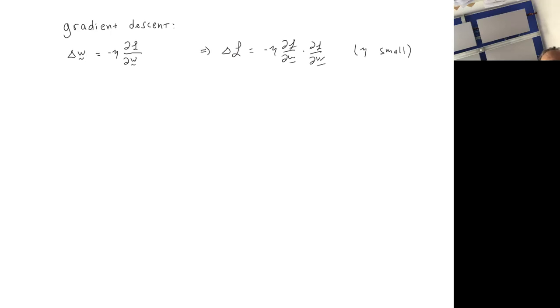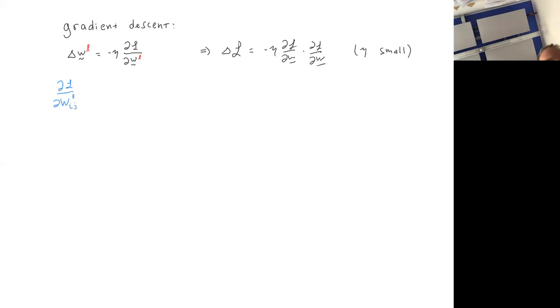So what I want to do is basically take a derivative in layer L. How do we do that? I'm going to use components. I want to compute partial of L with respect to W_ij^L.